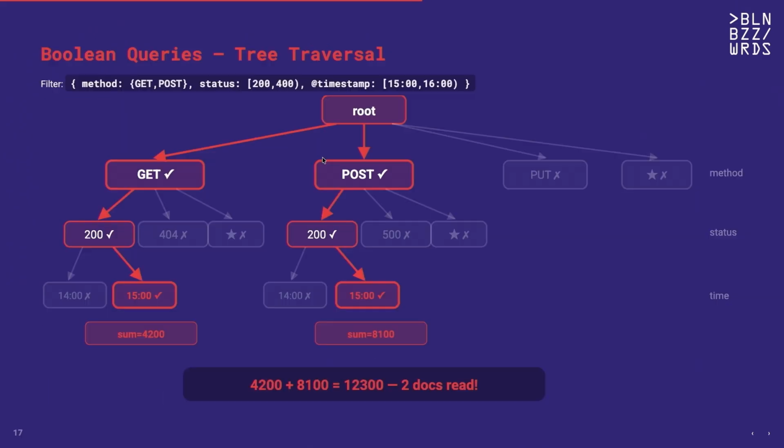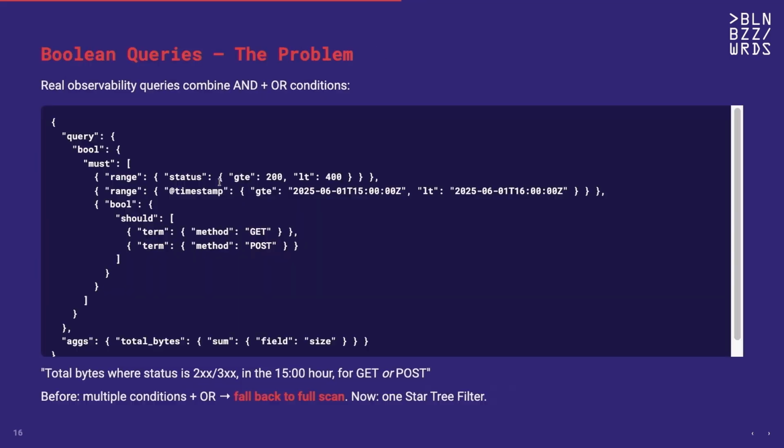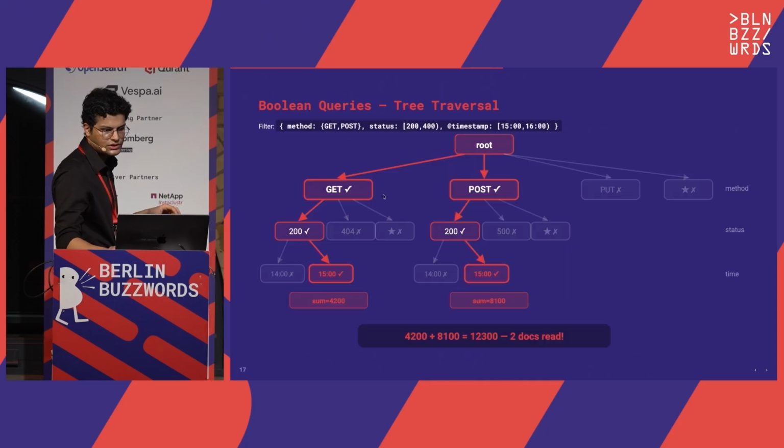In the star tree filter, for every level or every dimension, we have a filter. We have get comma post for method, for status we have 200, 400, and for timestamp we have 15 to 16. So for every dimension we'll have a filter. For method, that would correspond to an exact match filter, which means get comma post, because in the query we had a should clause where method was either get or post.